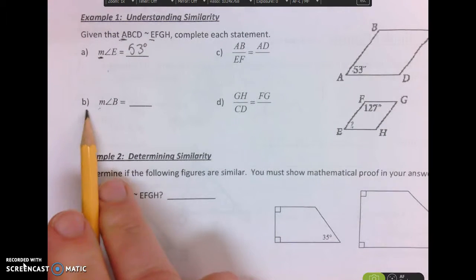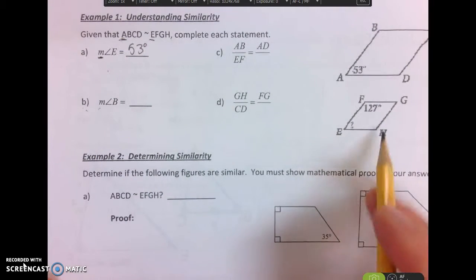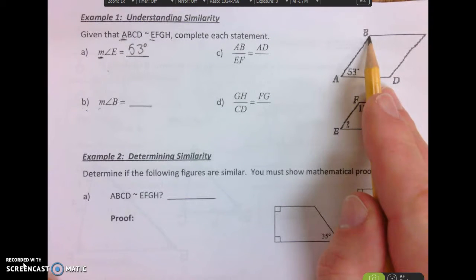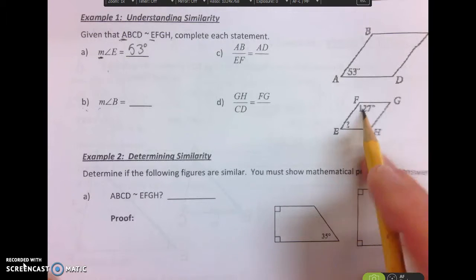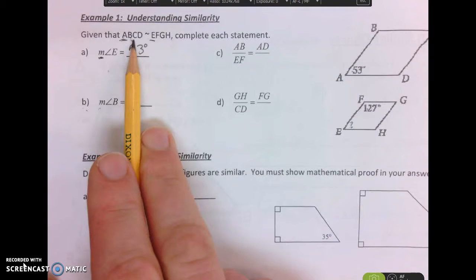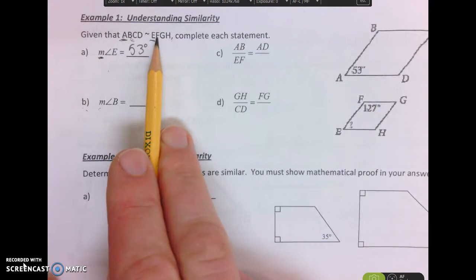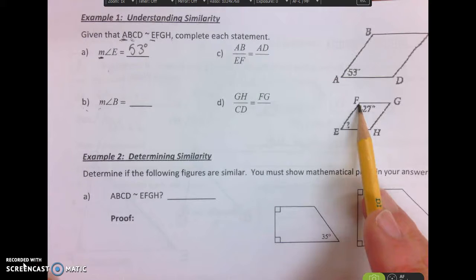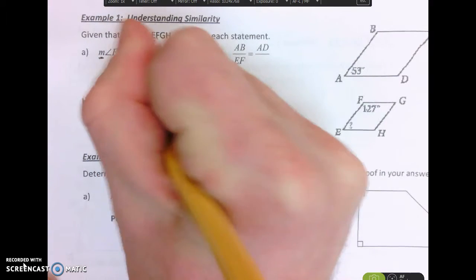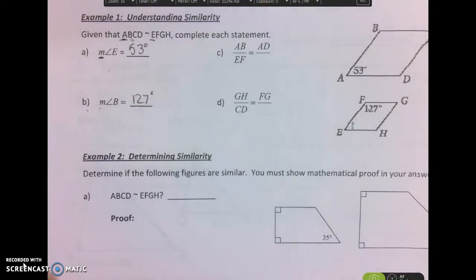Let's jump to B. So the measure of angle B is this top corner. I'm guessing it matches up with F, but I'm going to double check because it always tells us for sure here. B is in the second position and F is in the second position, so they should be the same. B is the same as F, and F is 127, so B must also be 127.